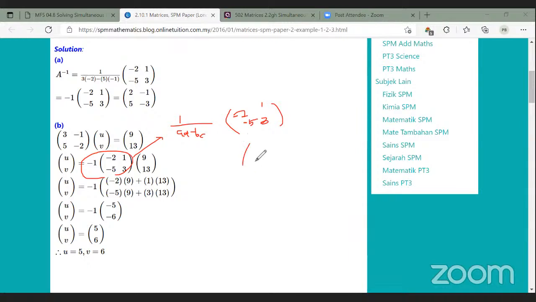Let me rewrite. All right. So your 1 over AD minus BC, you take that from over here. Right. So your AD is 3 and 2. So 3 times 2, you would get 6. And then minus your BC is -1 and 5.